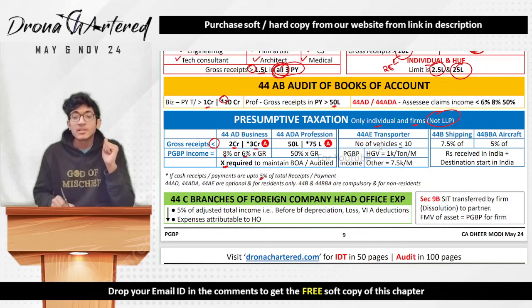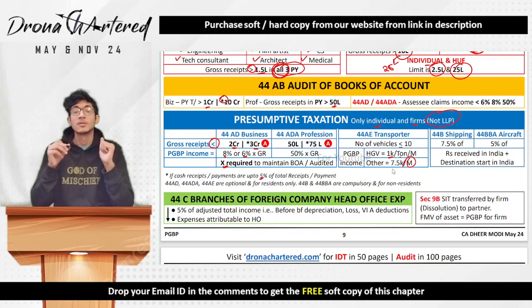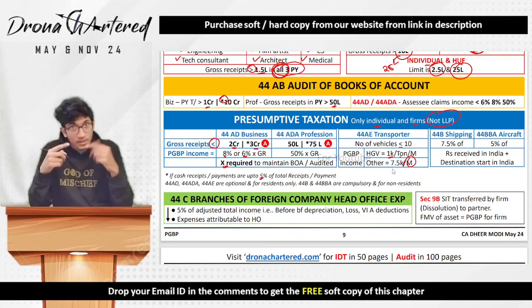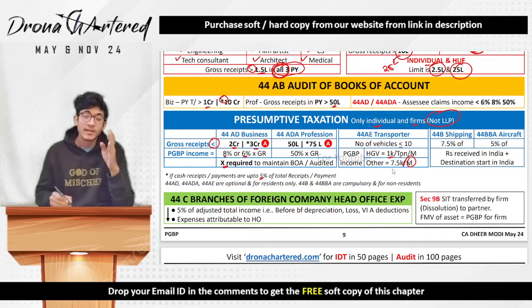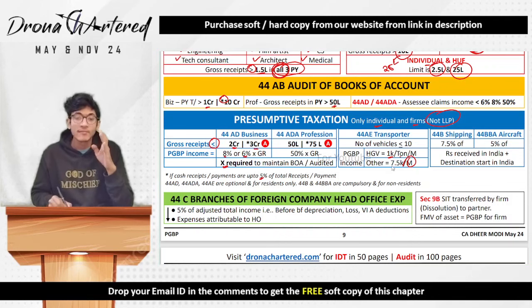So your PGBP income for a heavy goods vehicle will be 1000 per ton per month, and for others it will be 7,500 per month. That means if it is a 10-ton truck, it will be 10,000 per month. Therefore, 1,000 per ton per month. And for others, it is 7,500 per month.